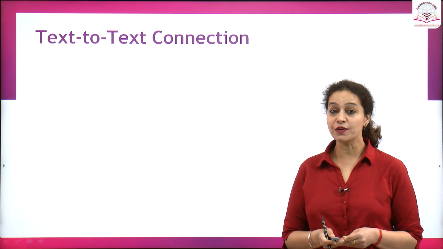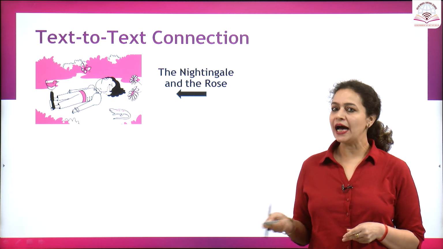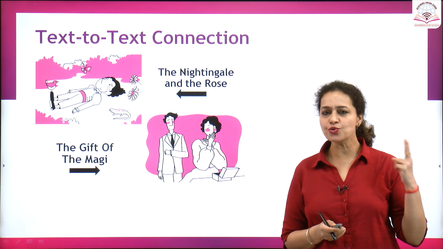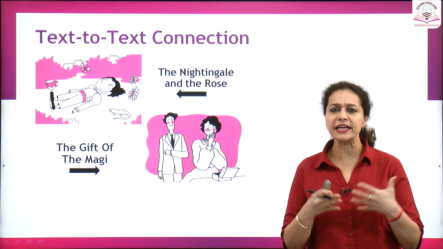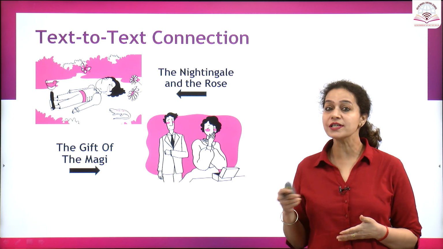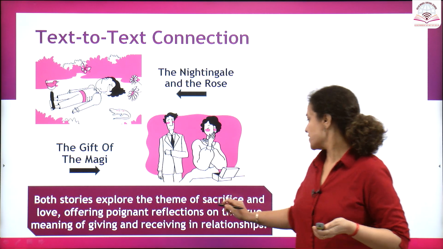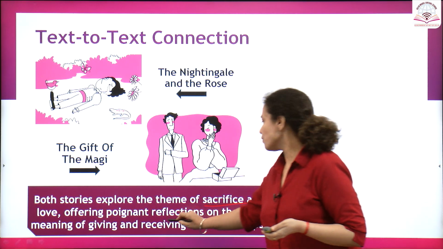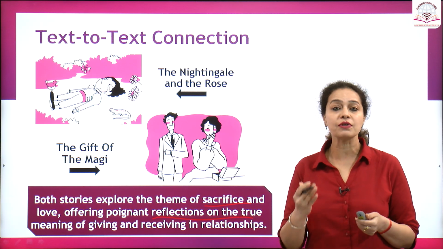Now, students, we have talked about 2 different stories, The Nightingale and the Rose and The Gift of the Magi. These are 2 different stories by 2 different short story writers, but there's a connection between the 2 stories. And what is the connection? The connection is in the theme of sacrifice and love, offering reflections on the true meaning of giving and receiving in relationships.